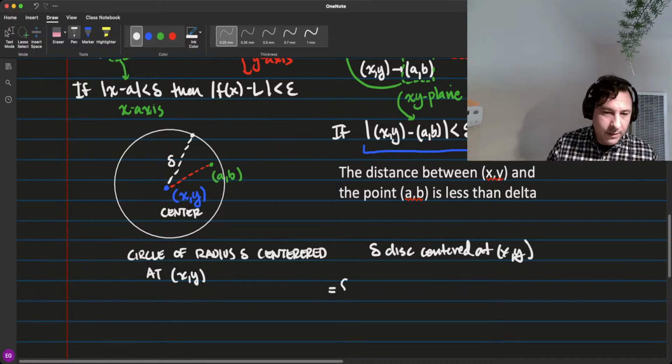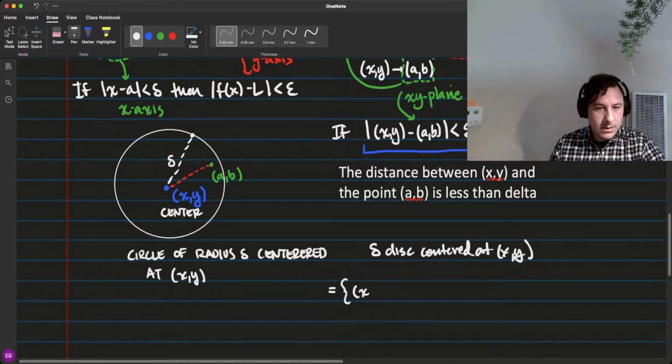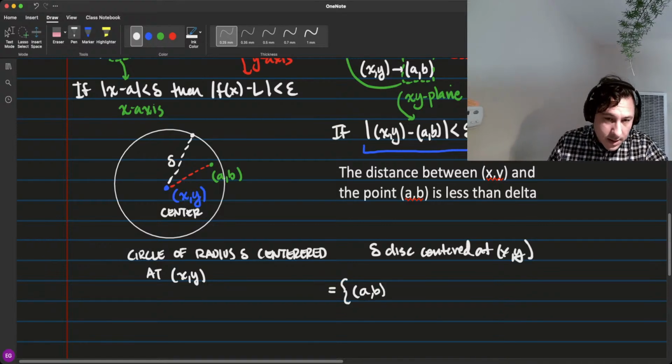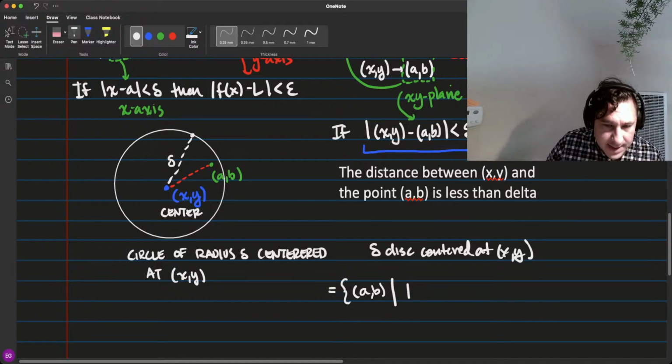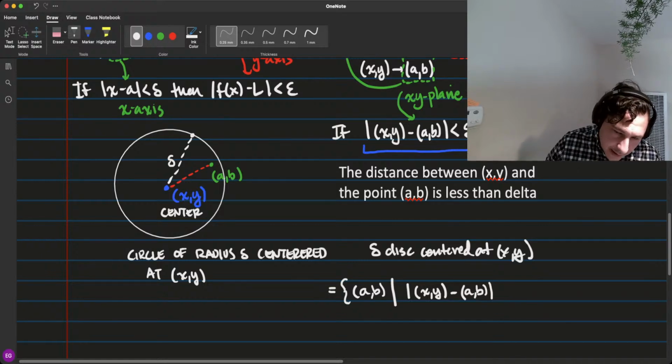It is all of the points a comma b such that the distance between x comma y and a comma b is less than delta.